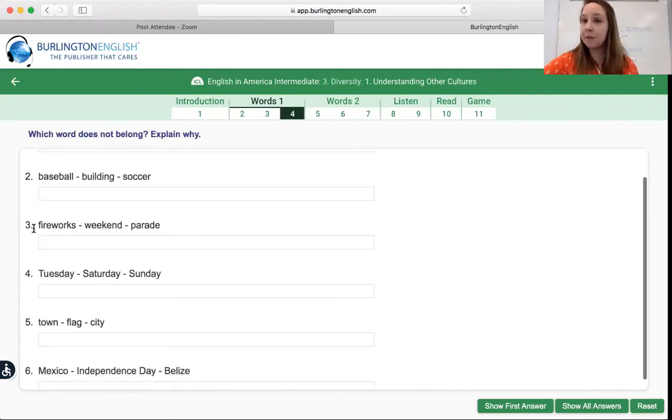Okay, number 3, we have fireworks, weekend, and parade. Which one does not belong? All right, number 4, we have Tuesday, Saturday, Sunday. Which one does not belong?